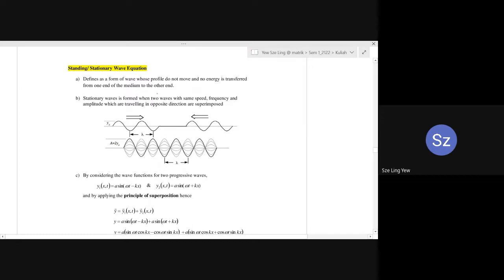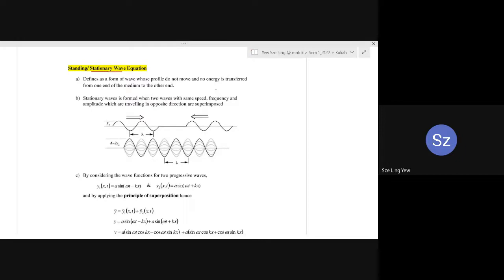Now, stationary wave is defined as a form of wave whose profile does not move and no energy is transferred from one end of the medium to the other end. So the wave seems like it is not moving, seems like it is static. It's a freeze.